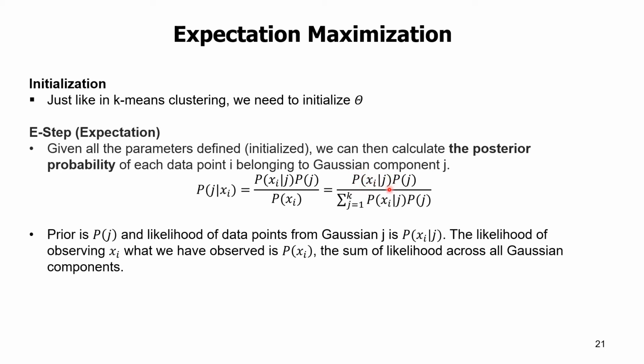So P of j is the mixture weight, the prior probability, and this one is, within Gaussian j, you compute the probability of xi. This is just the definition of the Gaussian probability density function. And this one is again the probability that xi is generated regardless of Gaussian, so we do the summation here.